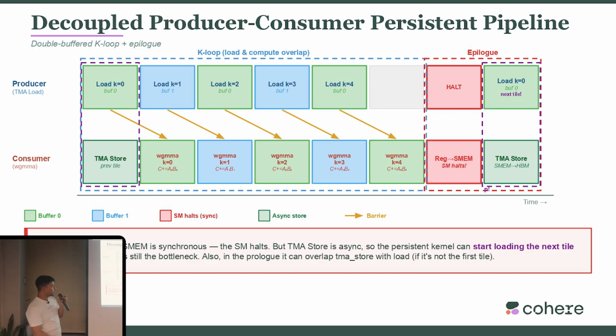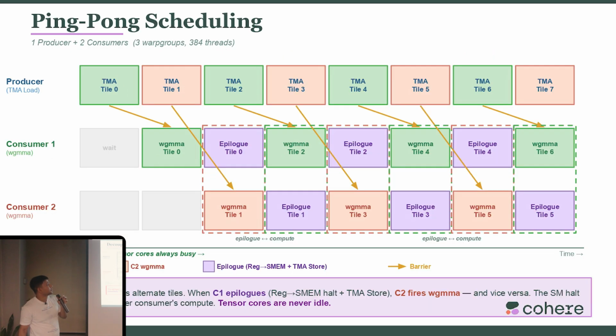So now let's take a look at how to remove that particular register to SMEM hop. This is very common nowadays. If you read papers like Flash Attention 3 or 4, you'll find ping-pong scheduling. Instead of launching one producer and one consumer, you launch a single producer but 2 consumers.